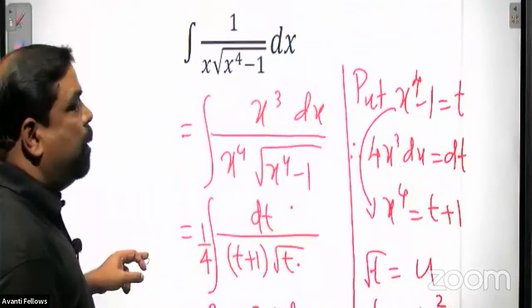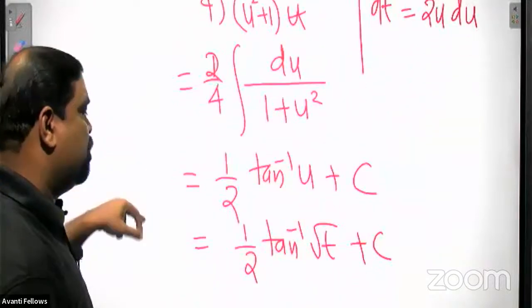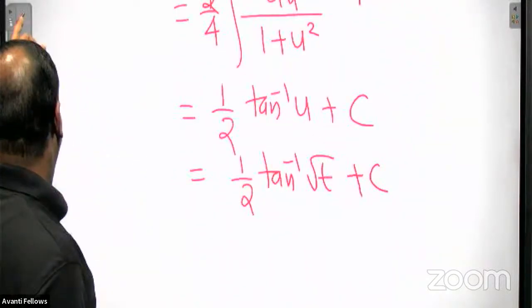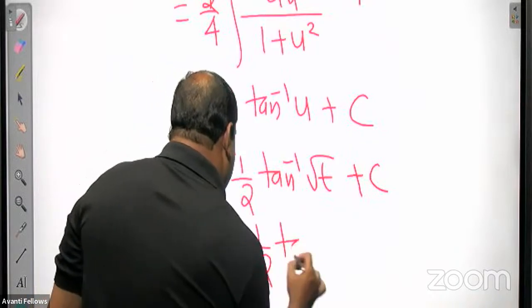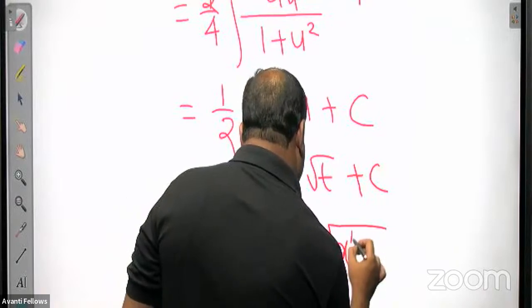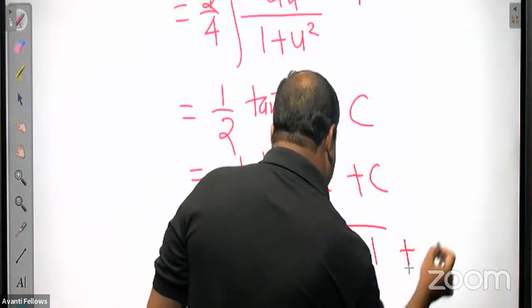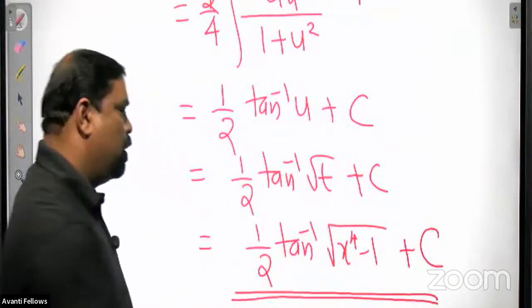What is t? x raised to 4 minus 1. So that's equal to half into tan inverse root of x raised to 4 minus 1 plus c. So that is the final integral.